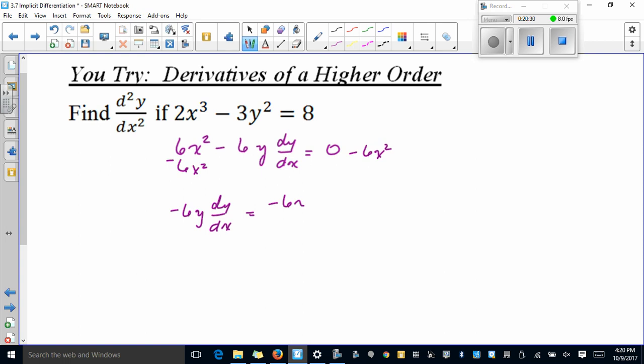Okay, I lied, so we are going to get y in the denominator. So dy dx is equal to x squared over y.